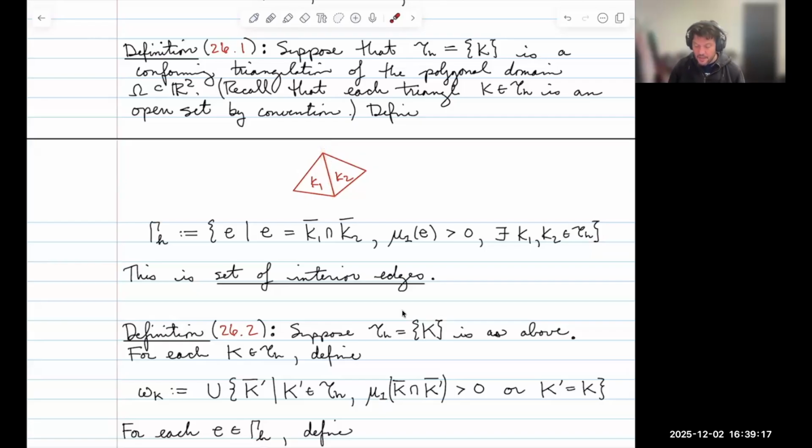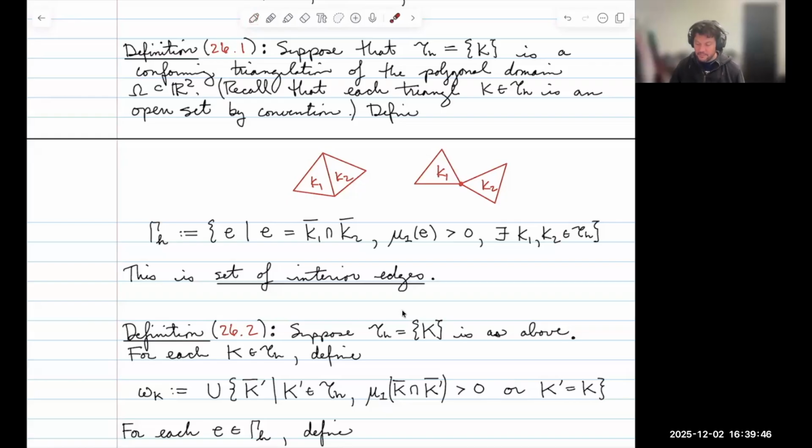Now, you can have two triangles that have a non-empty intersection but don't share an edge. For example, these two triangles also have a non-empty intersection, namely at a point.